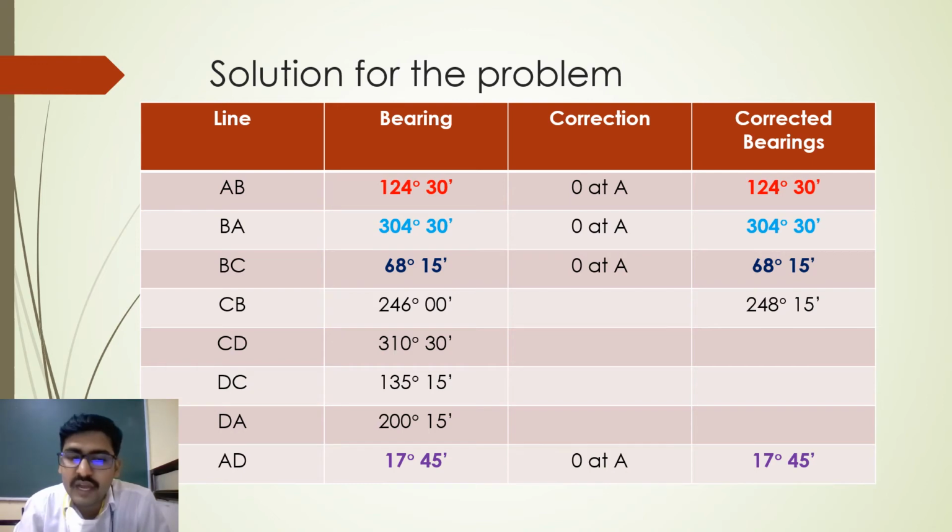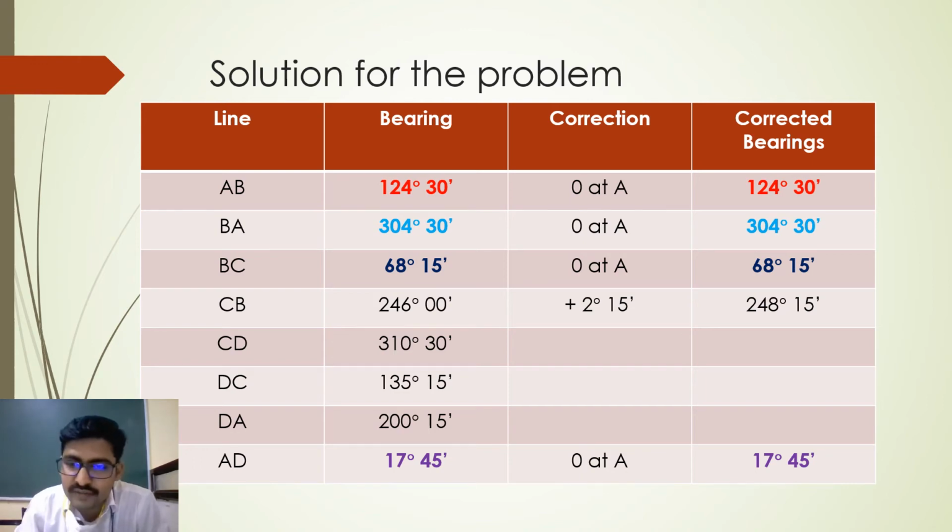You need to add. And how much? You need to add 2 degree 15 minutes to get the correct bearing. So plus 2 degree 15 minutes is the correction at station C. In the correction column, where it is written plus 2 degree 15 minutes, you can write even at C.